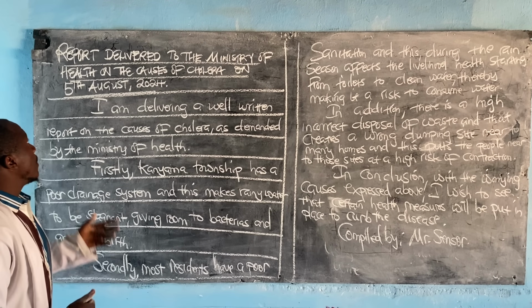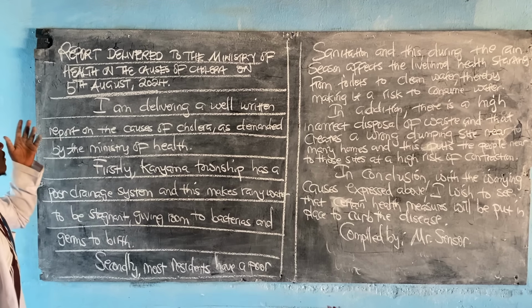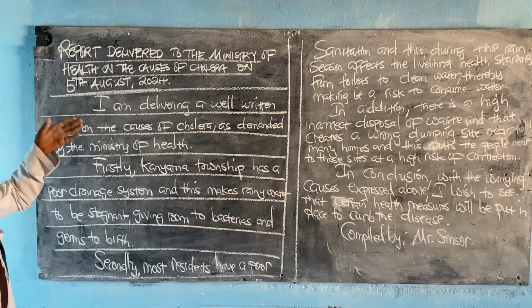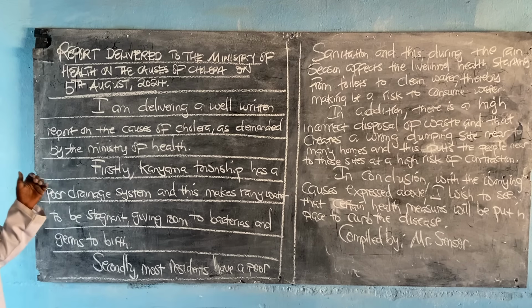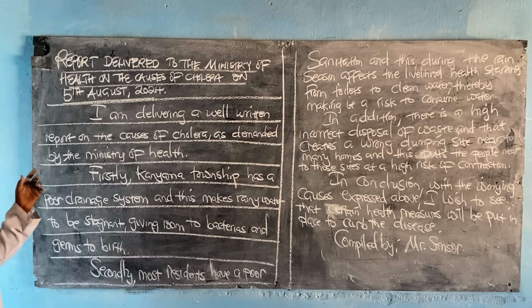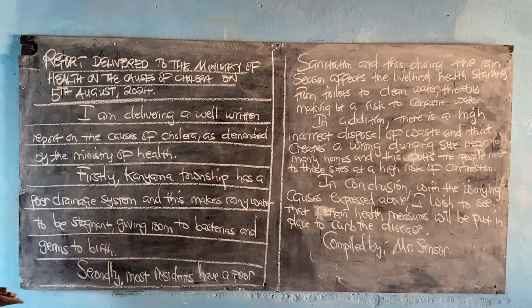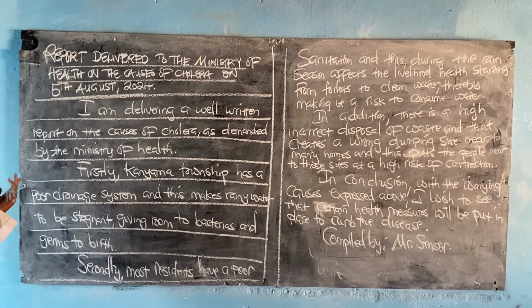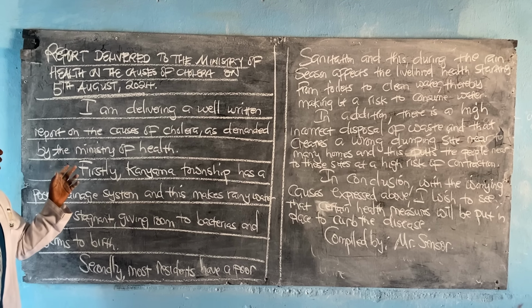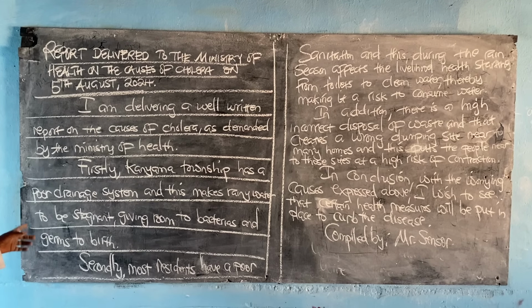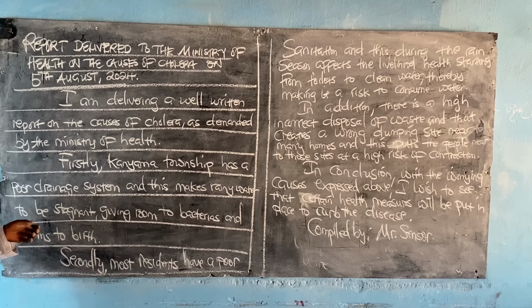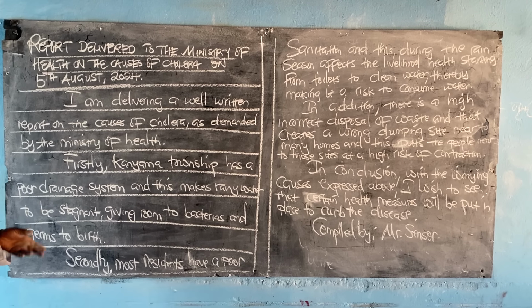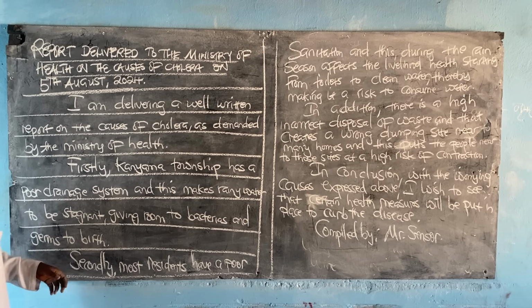It says, report delivered to the Ministry of Health on the causes of cholera on 5th August 2024. I am delivering a well-written report on the causes of cholera as demanded by the Ministry of Health. Firstly, Kanyama Township has a poor drainage system, and this makes rainwater to be stagnant, giving room to bacteria and germs to grow.